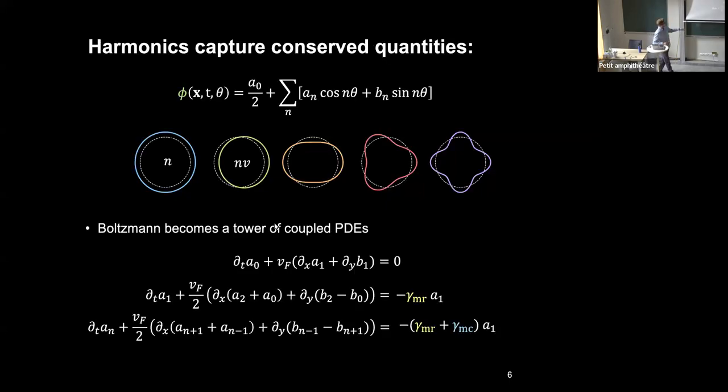Okay, so once one has this infinite tower of coupled partial differential equations, the next trick is essentially to solve them directly in real space using a finite volume type of method. So I'm going to directly time step this giant set of PDEs until it reaches steady state, but of course I have to truncate it at some maximum harmonic.